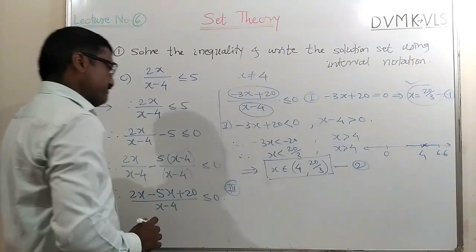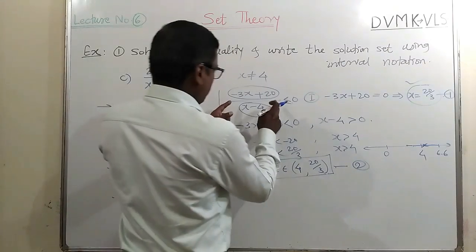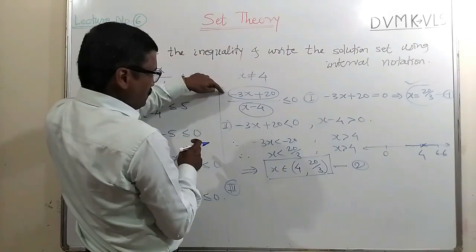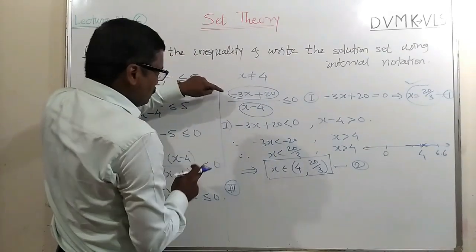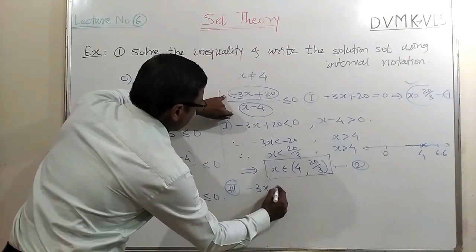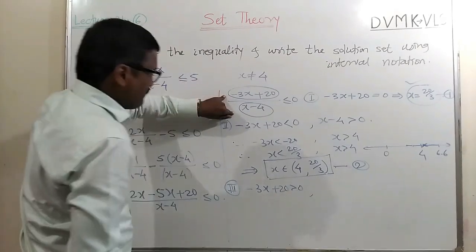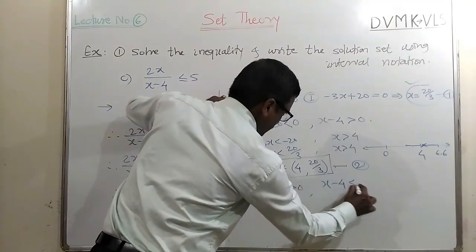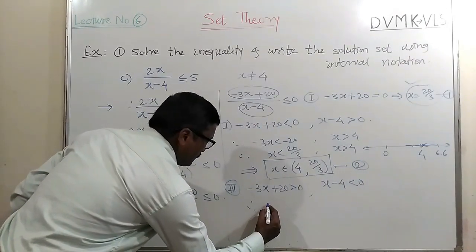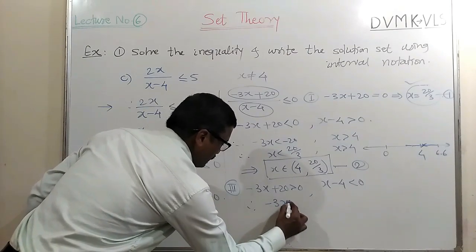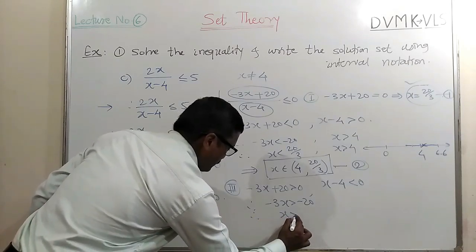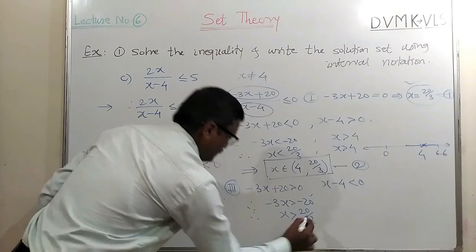Now consider the third case. In our main inequality, the ratio is negative. In the first case, we have taken a negative numerator and positive denominator. Now we will take a positive numerator and negative denominator. So the numerator is positive, that is minus 3x plus 20 is positive, and x minus 4 is negative. This gives us minus 3x is greater than minus 20, and therefore x is less than 20 by 3.